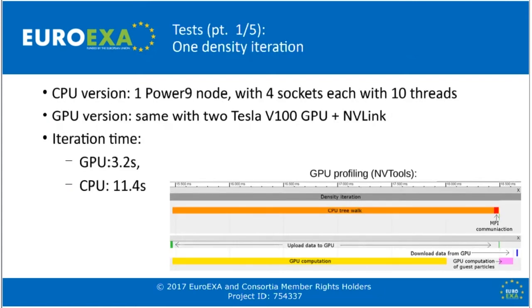Okay, let's go to the tests. First, we did our test on a single density iteration, which means all particles were active. So an easy test case. We were extremely happy. Here we can see the GPU profiling with the asynchronous computation. We have the CPU that is performing all the tree walks and doing MPI communication, and then sends what it received to the GPU that will then execute the new bunch of data that it received.